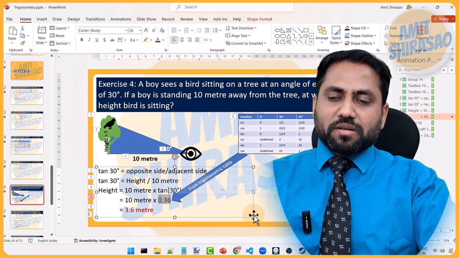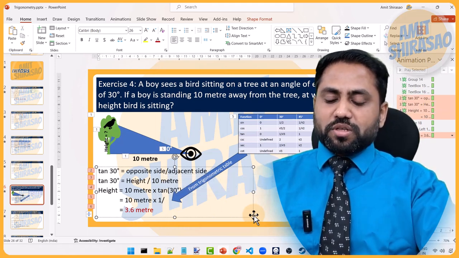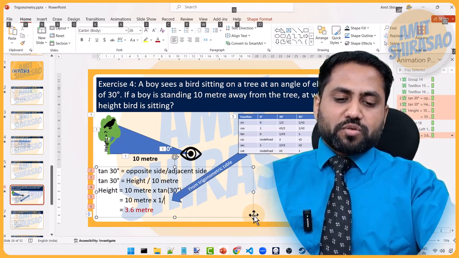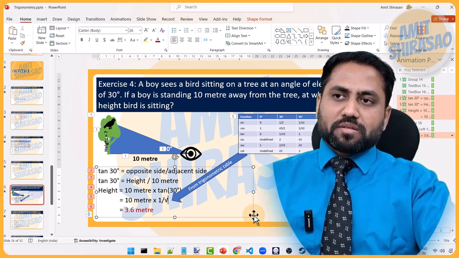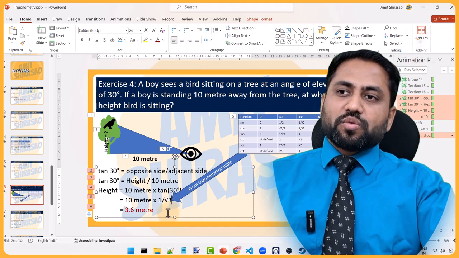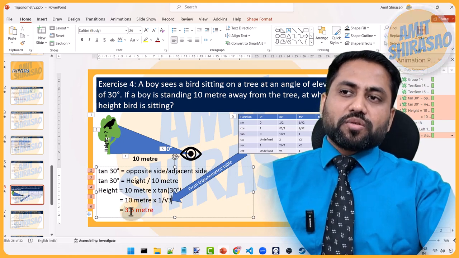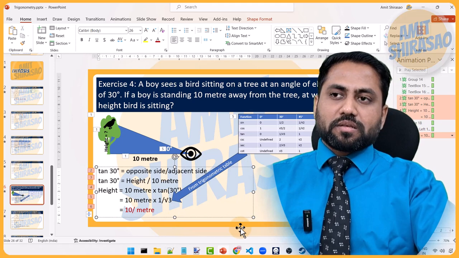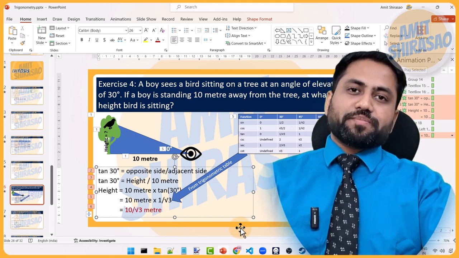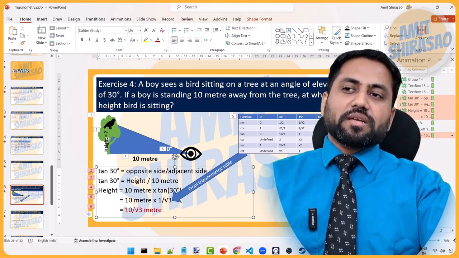Yes, it will be 1 divided by root 3. And so the value here is 10 divided by root 3 meters. Okay, so this is the final answer.